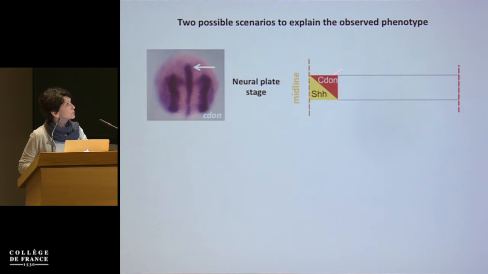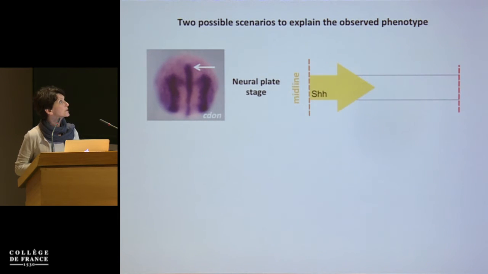So one could postulate that Kidon might interfere with Sonic release from the midline, and therefore, in absence of Kidon, Sonic hedgehog would expand more, and therefore promote Pax2 expression.